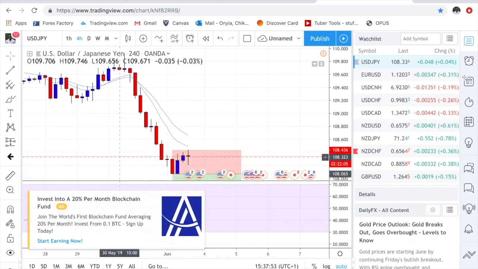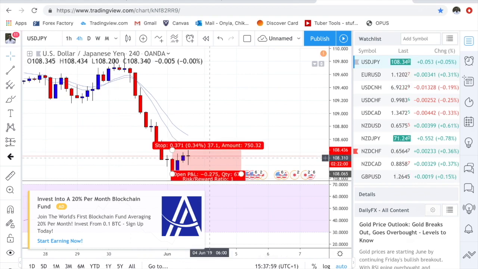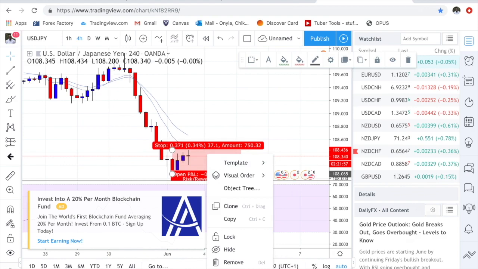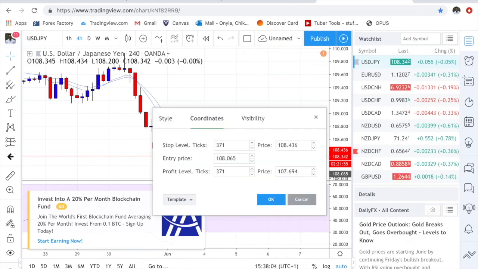Now, what you want to do is click on this box, right click on it, press settings, and then you'll see exactly what these price points are. So the entry price right here for the sell stop is 108.065. So if the price of this currency pair hits 108.065 and keeps going downwards, since it's a sell stop, you make money. Now let's say it was a buy stop.